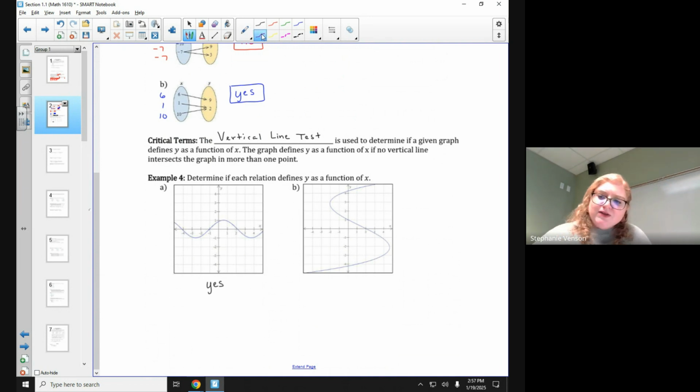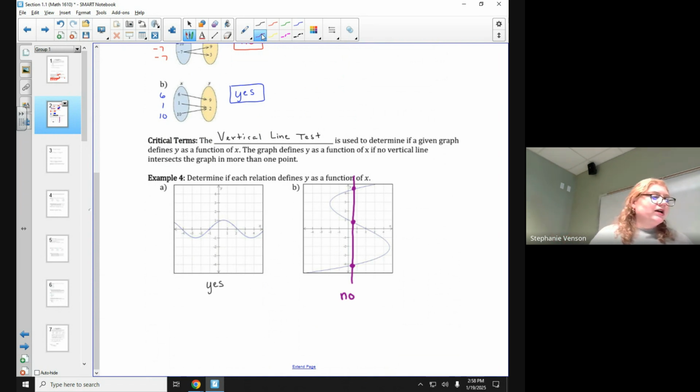However, it's very obvious here that if I draw this vertical line here, it passes through this graph 3 times. Well, that's definitely not a function. Even if it only passed through twice, it would still not be a function. So we'll say no. Graph A demonstrates a function. Graph B does not demonstrate a function.